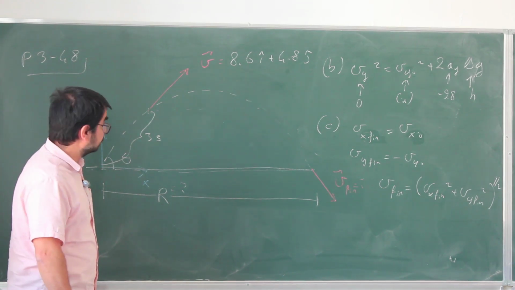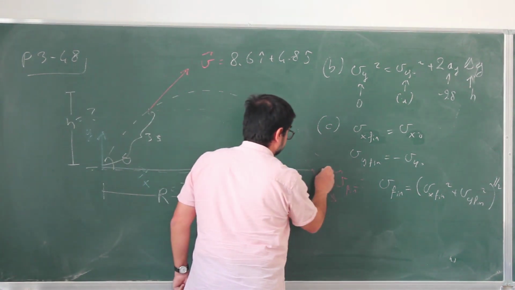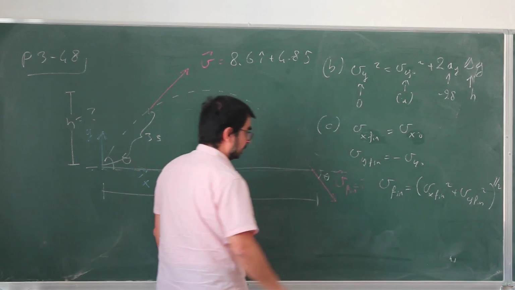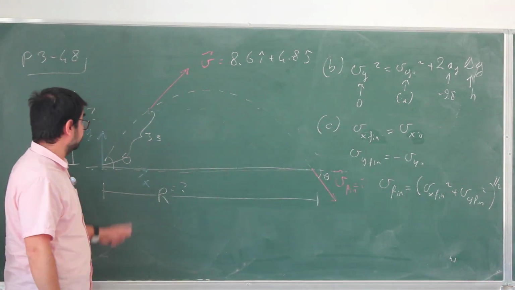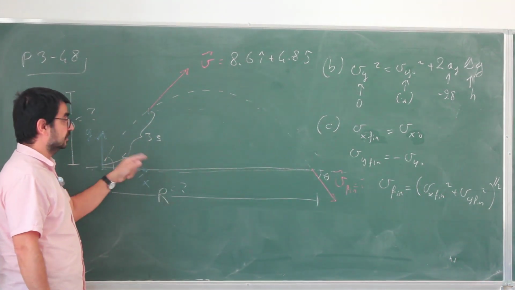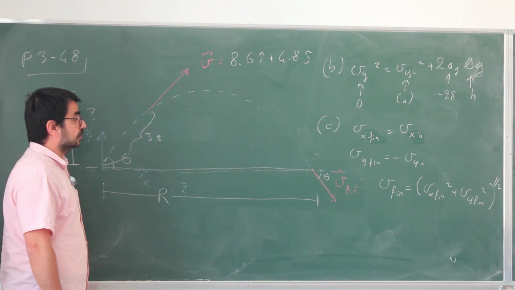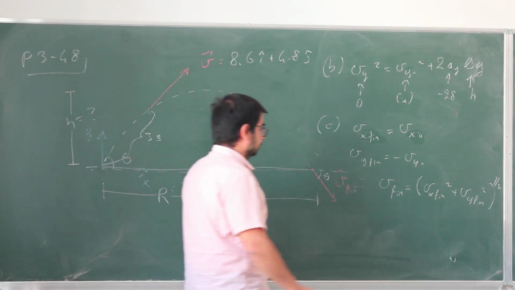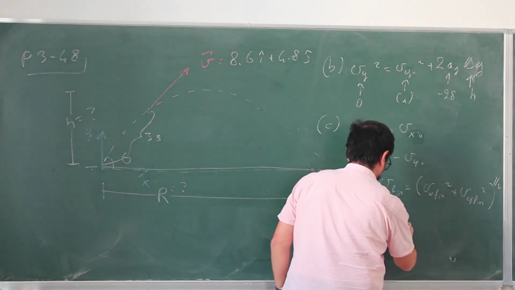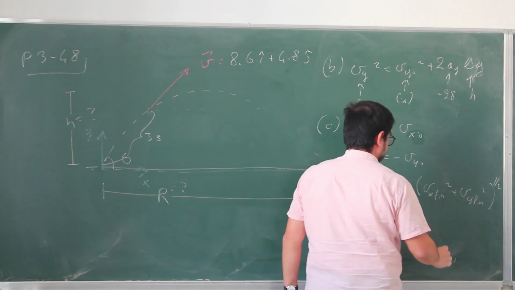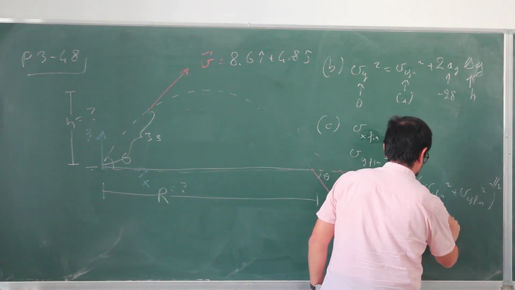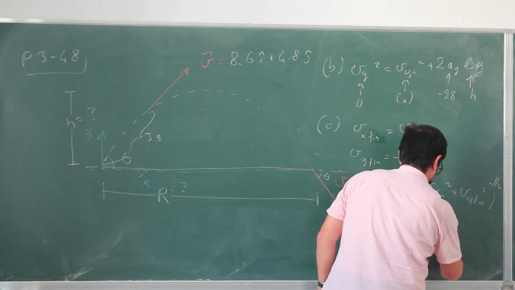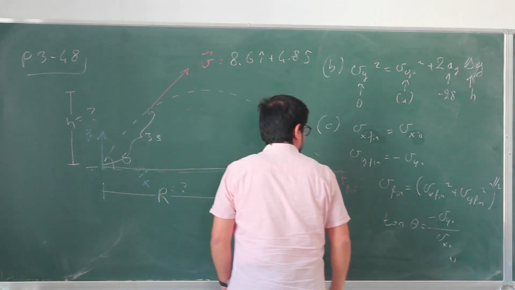And then for the direction, it's going to make some angle theta with the horizontal. In fact, it's going to be the same angle theta, so it's not accident that I use the same symbol for these two. And the tangent of that theta is, of course, minus Vy0 over Vx0. Okay.